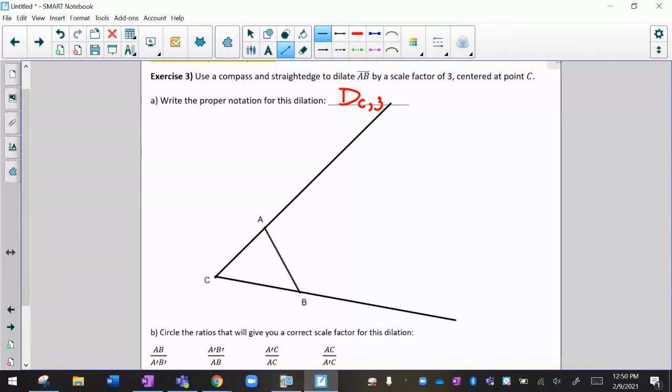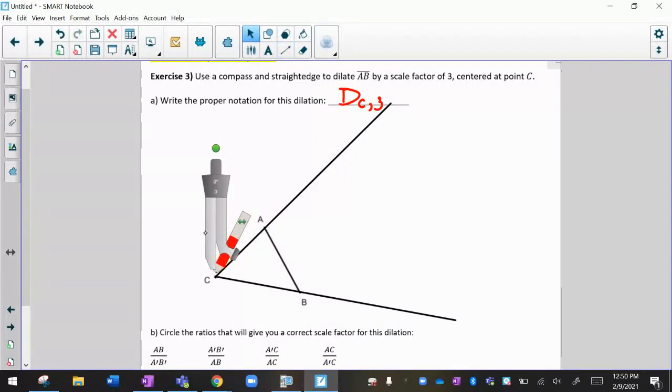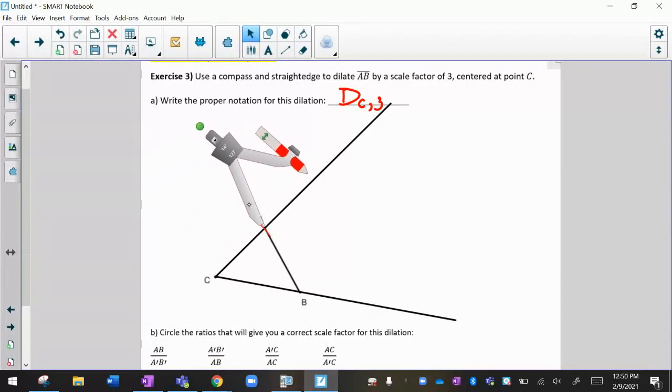Now, if I want to dilate that by a scale factor of 3, now you're going to use your compass, okay? And I'm going to say, well, if I go from C to A and I open my compass to measure CA, that represents a dilation of 1. A dilation of 1 doesn't change anything. So if I dilate that by 1, I would end up right here. If I dilate it by 2, I would end up right here.